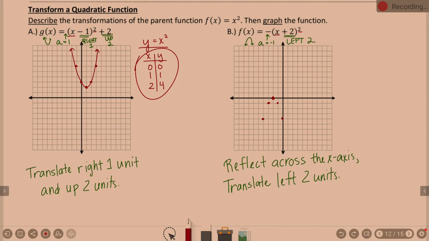You know when you're on the right track at the end, if you get there, you're like, okay, yes, my parabola's upside down. I knew it would be upside down because there's a negative. That negative right there told me, okay, this graph is going to be upside down. That's a big thing to be able to recognize.